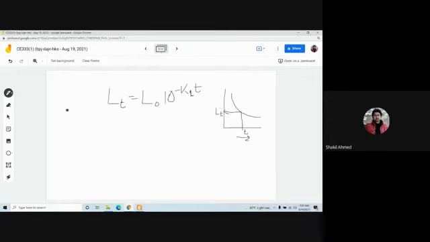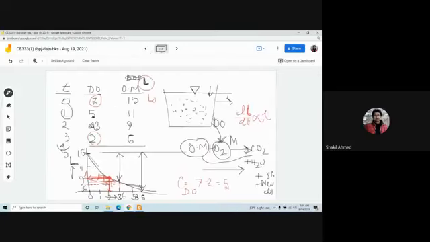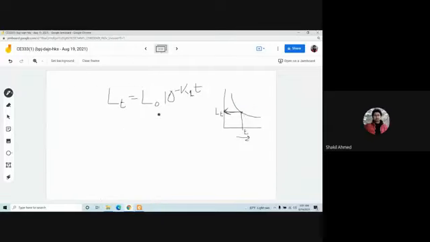This is Lt. At any time t, corresponding L is Lt. Am I right? This is remaining. That means at time 2, what is the BOD remaining? The L remaining is 9. What is at time 3 days? What is L remaining? 6. So remember, this is remaining. Okay.